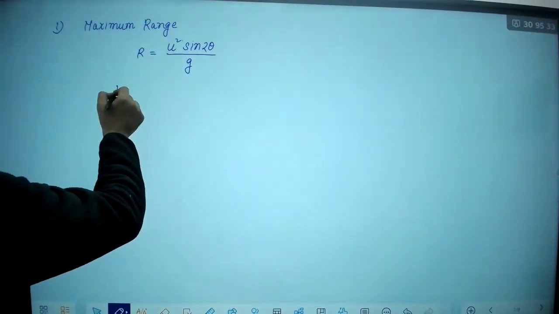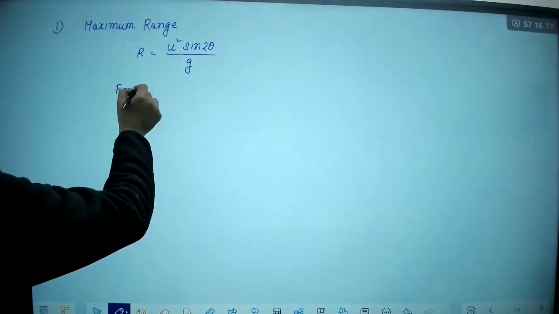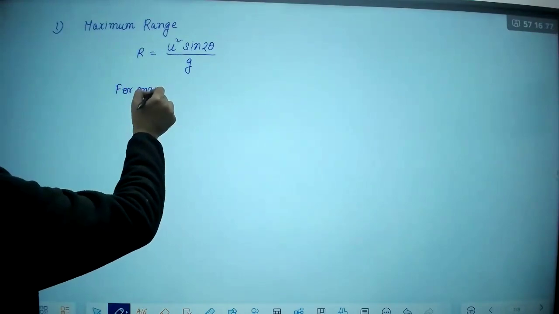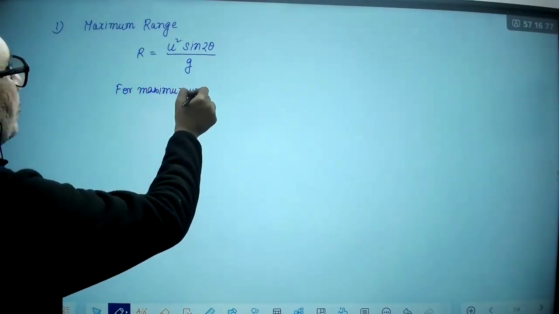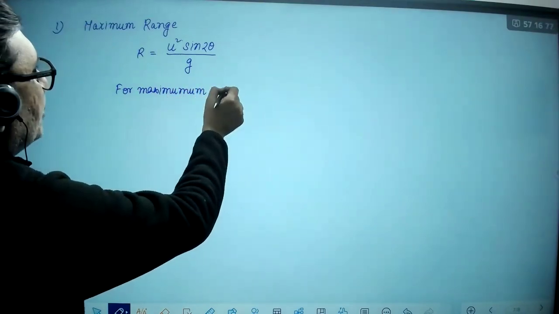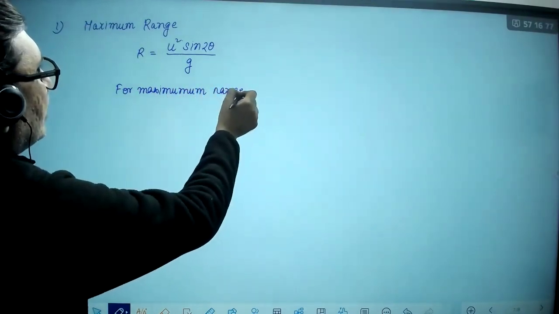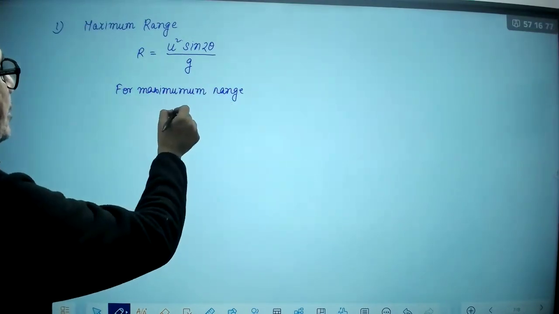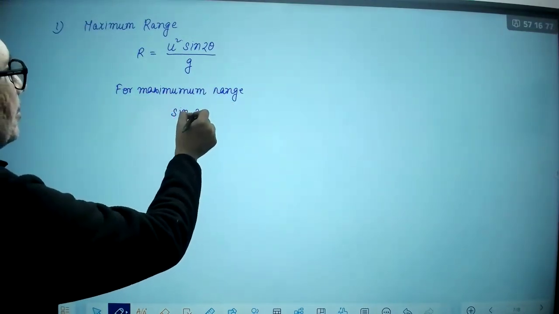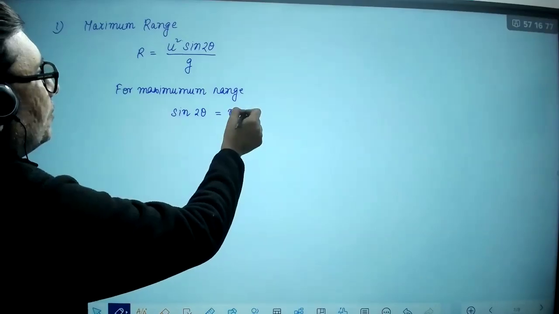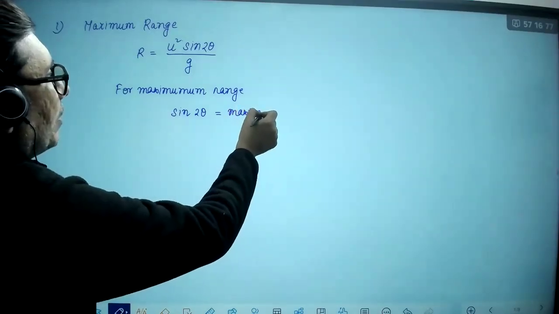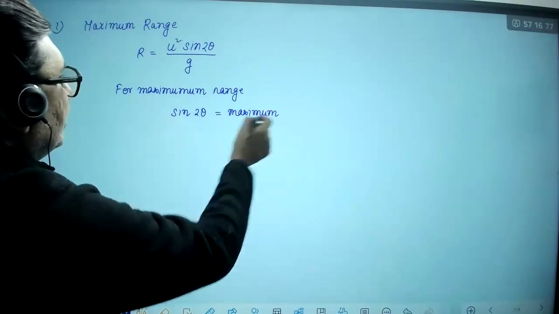So for maximum range, this sine 2 theta should be maximum. What is the maximum value of sine?